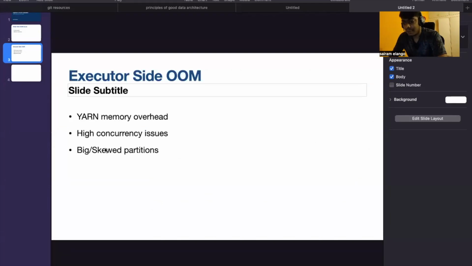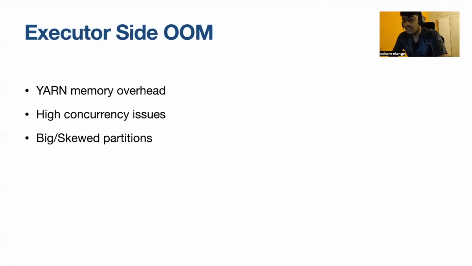And finally, big or skewed partitions. When you take a table or a data frame and divide that data into partitions, each executor will have its own partition. Suppose we have a users table, and we are partitioning based on the country.